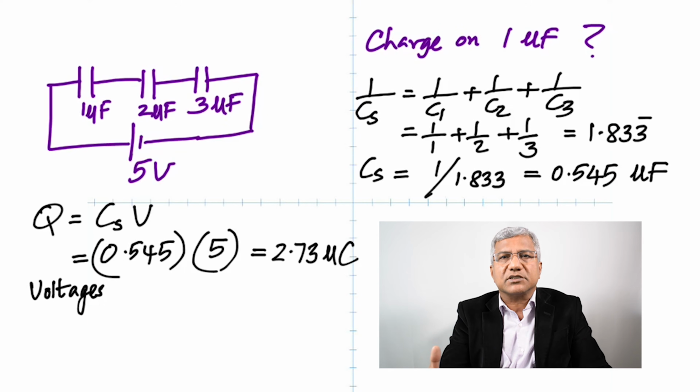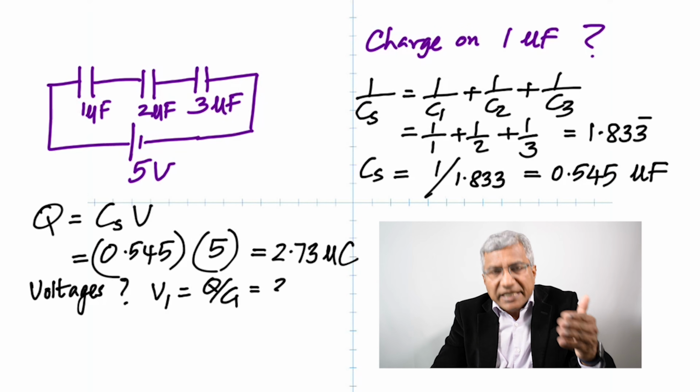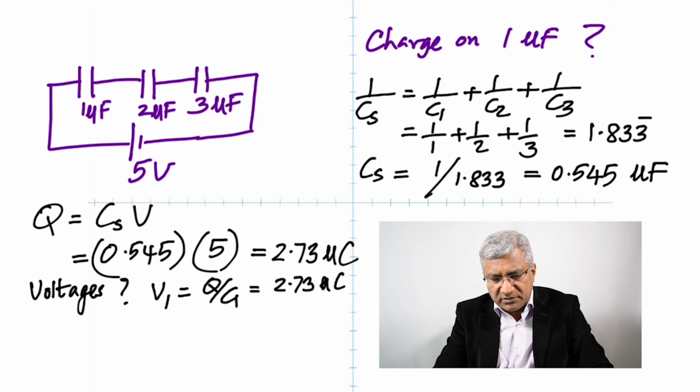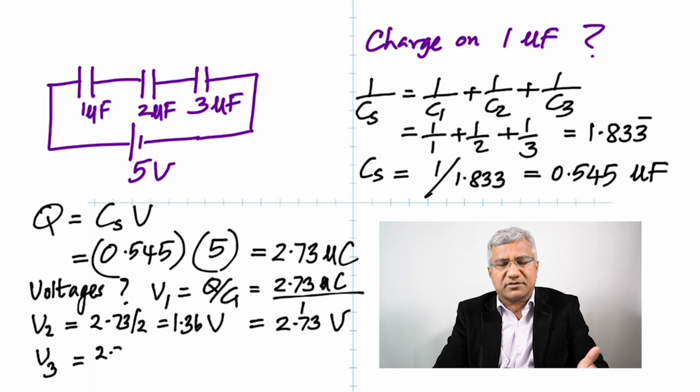What about the voltage? Let's find the voltages on all three of them. The voltage on the first one is its charge divided by its capacitance, all right, which gives you 2.73 volt. The voltage in the second one likewise is the charge on it divided by its capacitance, which gives you 1.36 volt.